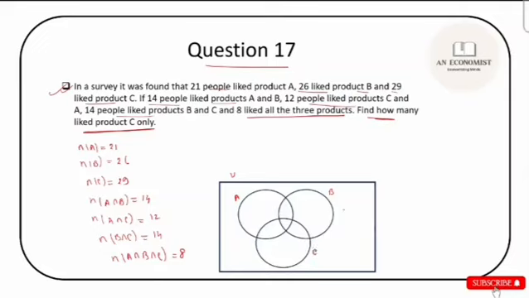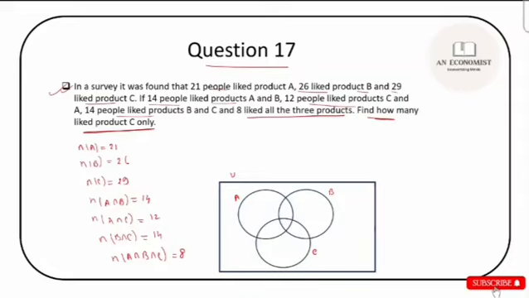Now you can find it with the help of a formula as well, but there is a simpler way to do this. You can just put in values in the Venn diagram and check what the answer will be. That will be a much simpler way. So let's see first what information we already know and what we need to find. We need to find how many people like product C only.